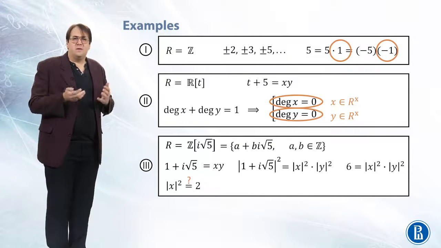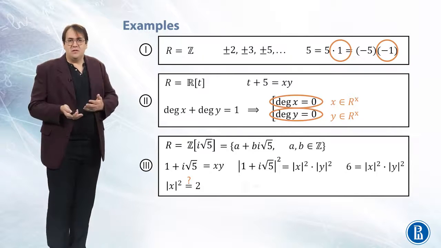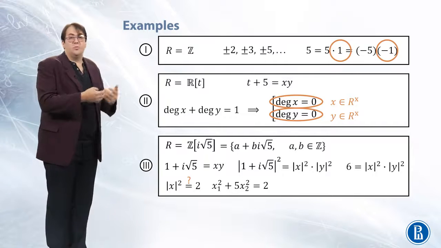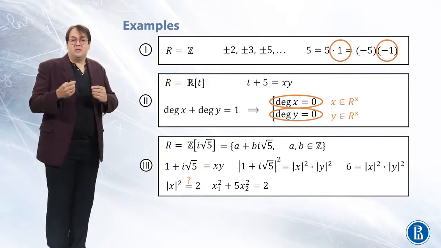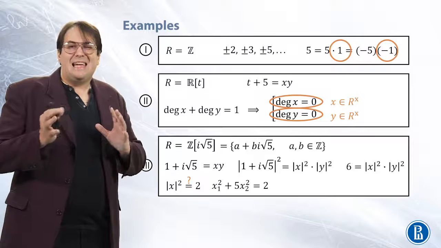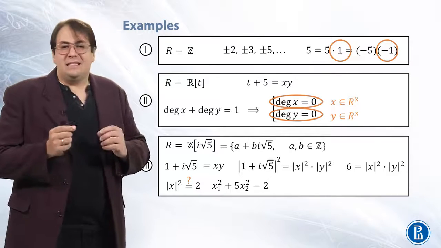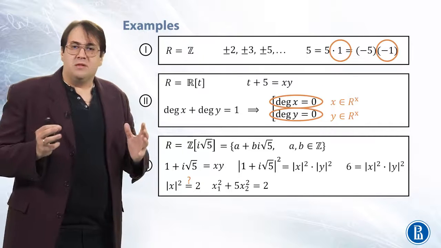If we have the real part of x and the imaginary part of x, then the square of its absolute value is the real part to the power of 2 plus 5 times the imaginary part to the power of 2. Well, x2 is not actually the imaginary part of x. It is b from the definition of these numbers.